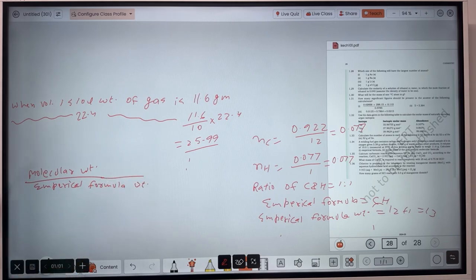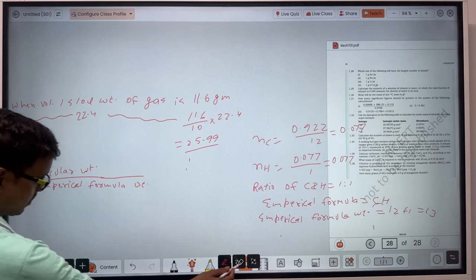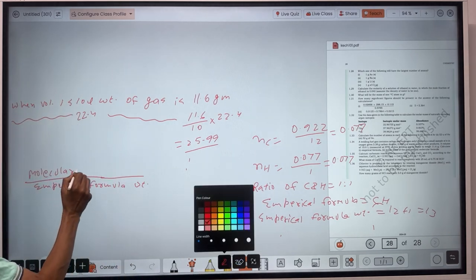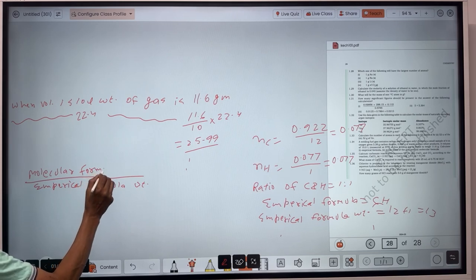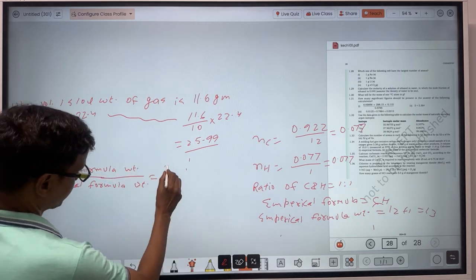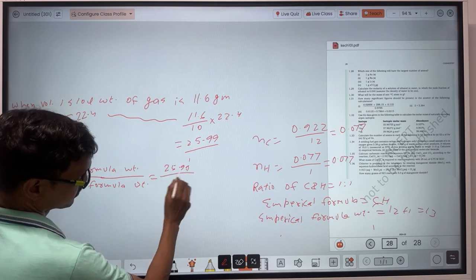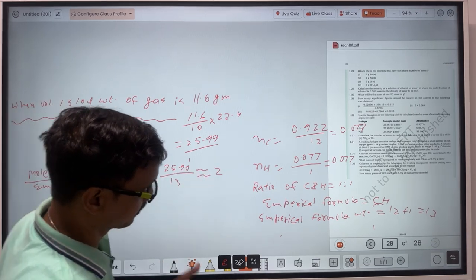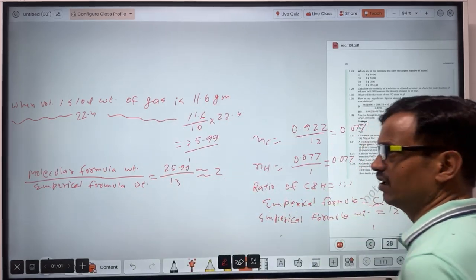First we get molecular weight upon empirical formula weight, or you may also write molecular formula weight divided by empirical formula weight. So that will be 25.99 divided by 13, nearly 2. So that means here CH is the empirical formula.